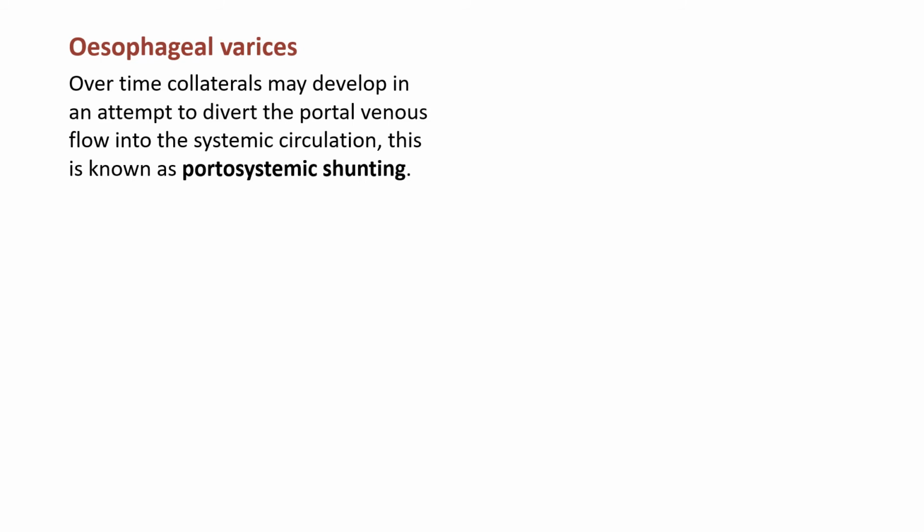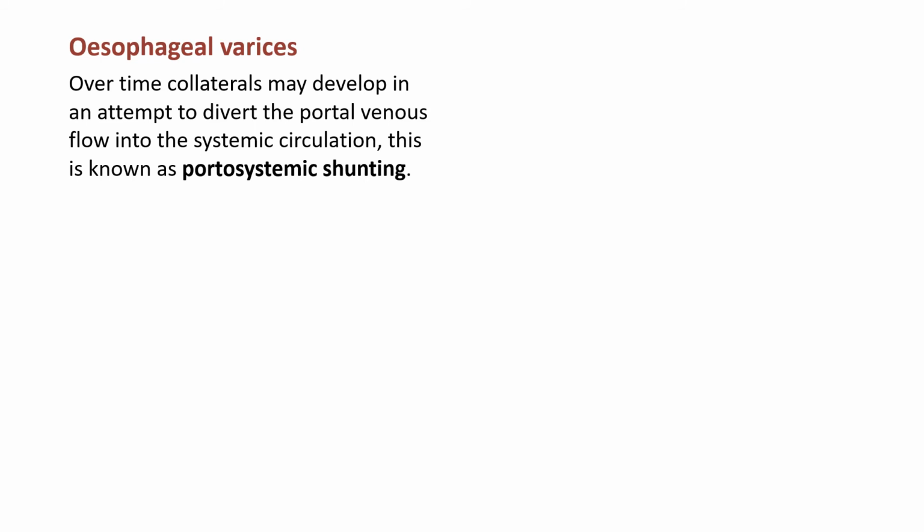Which brings us to our collaterals. Esophageal varices are one outcome of the formation of these collaterals. So what happens is, over time, collaterals develop, and this is an attempt to divert the portal venous flow back into the systemic circulation.